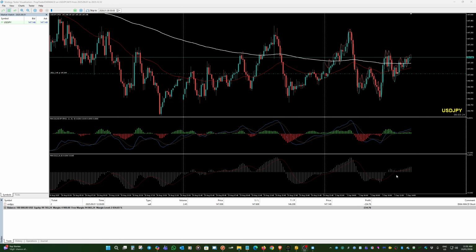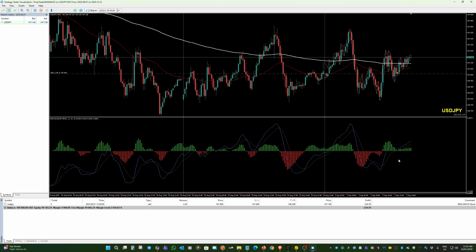With the MACD, I'll just minimize this one here. This is the questionable part. The close of this candle is where the actual entry should have been, but we can see here that it looks like it actually went down and almost touched the signal line, or the signal crossed the MACD line, but then back up again.